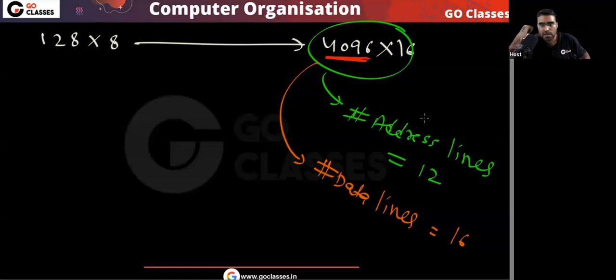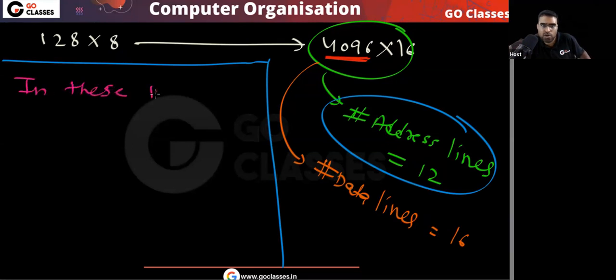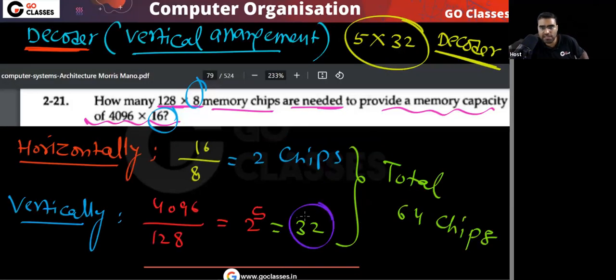And in these 12 address lines, how many bits will be needed to select a chip? Tell me. Because you can see vertically there are 32 chips. Vertically you can say 32 levels are there.